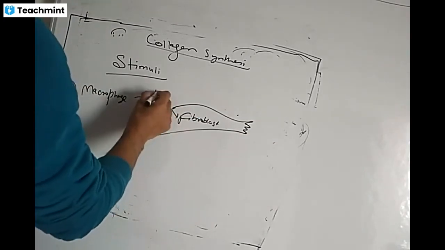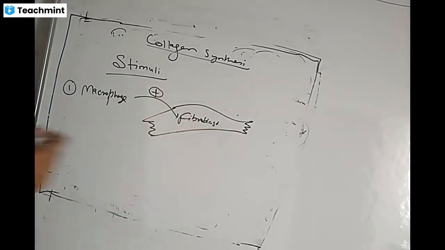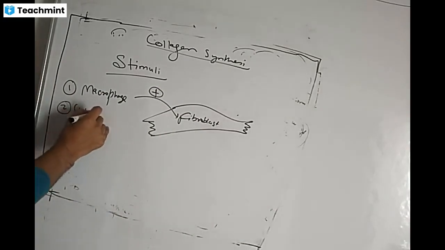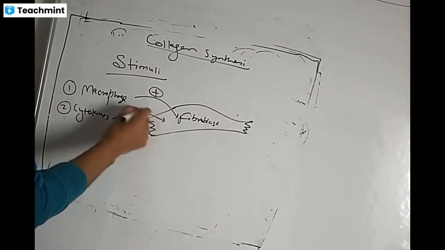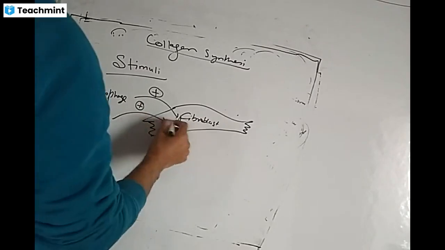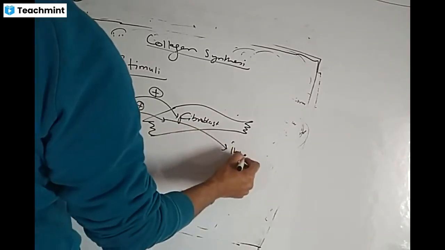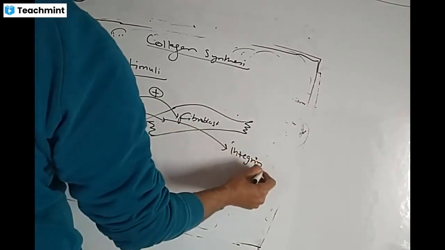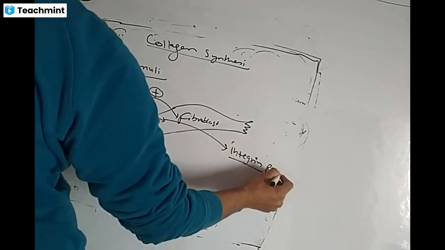Macrophage will stimulate the fibroblast for the proliferation. Second, there are some cytokines. They also stimulate this. Because of cytokine stimulation, there may be expression of integrin receptors.